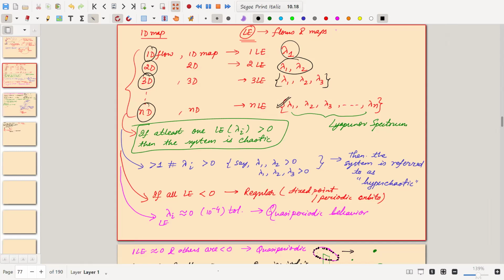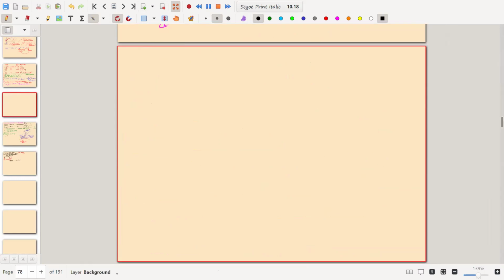Which I showed you. Lyapunov exponents usually cannot be computed using pen and paper; they have to be computed numerically, by feeding in a time series. So the input to compute the Lyapunov exponent is a time series.